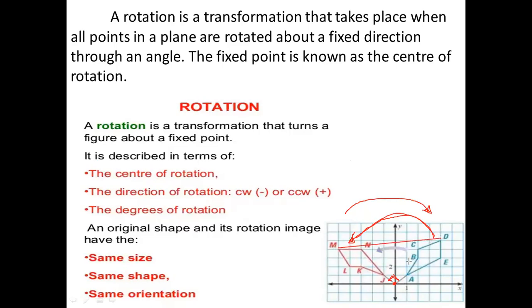And then also your J and your A. You have also your L, and L is equivalent to C, and then K is equivalent to B. And you have also that N equivalent to E. As you can see, they are just the same: same shape, same size, and same orientation.